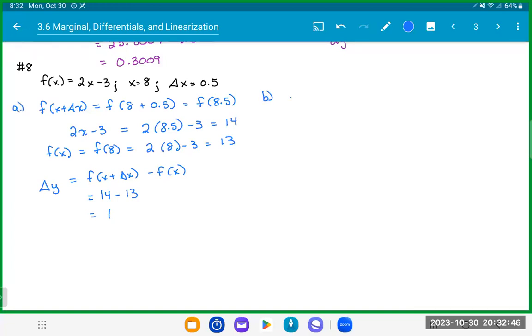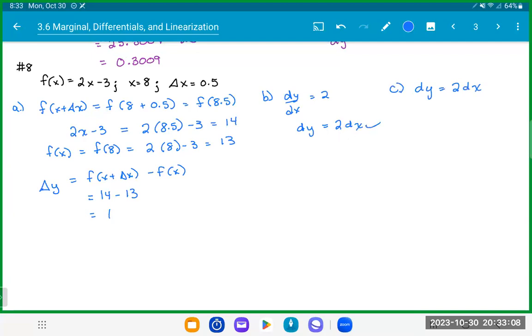Part B is our dy/dx is equal to 2. Therefore, we can say that dy equals 2 dx. And part C, we have dy equals 2 dx.